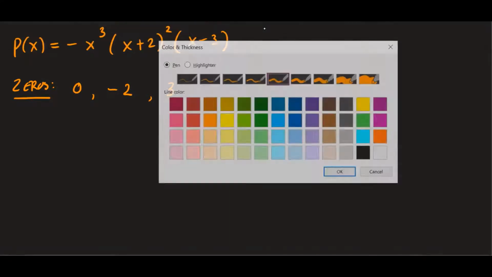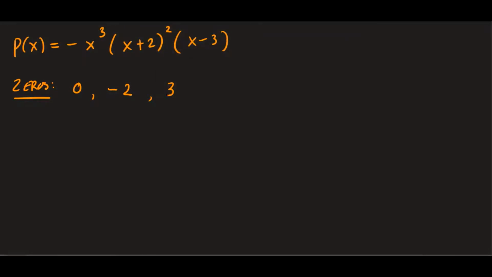So I'm going to circle the multiplicities. 0 came from the first factor, which has multiplicity 3. -2 came from the second factor, which has multiplicity 2. And 3, well, there is none, but we can say 1 is the multiplicity for 3. So this has multiplicity 1. We're going to take care of that when we graph it.